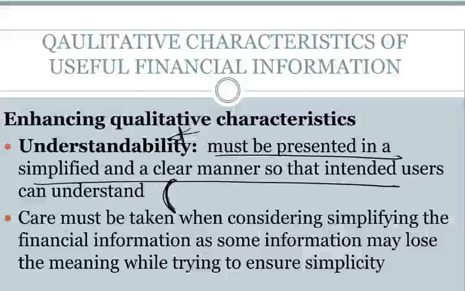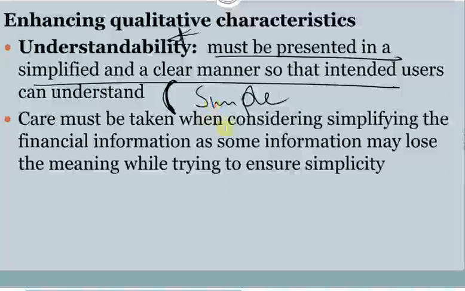Some things are complex and you cannot simplify them. Financial instruments are one of the complex financial standards you are going to come across. We don't have to simplify them and end up losing the meaning. We would rather keep the meaning and make them complex than dilute the meaning and make them simple to understand. So you have to strike a balance between making them simple and maintaining the real meaning. That's to do with understandability.